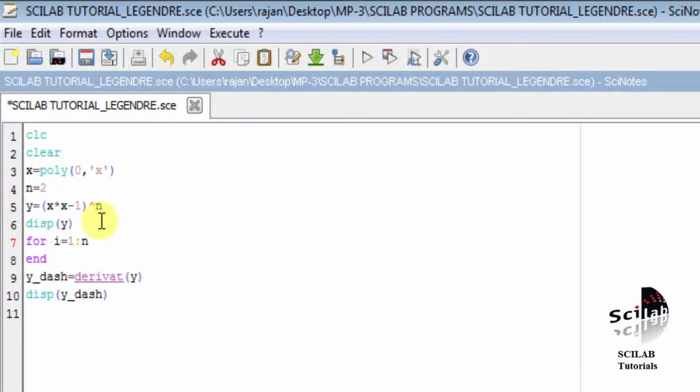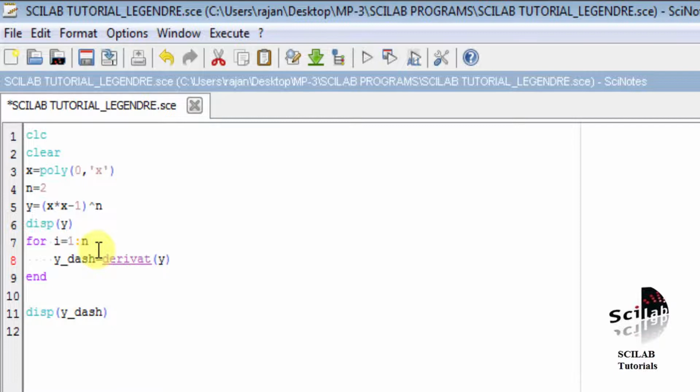We are running the loop n times, because we want to differentiate n times. So we will cut this command and paste it inside the for loop.